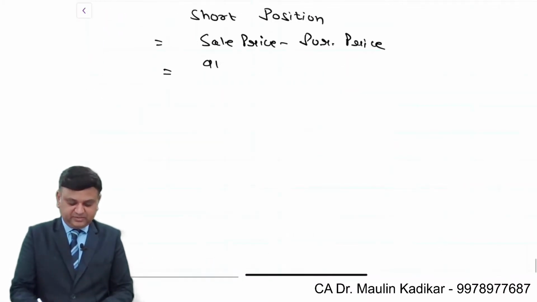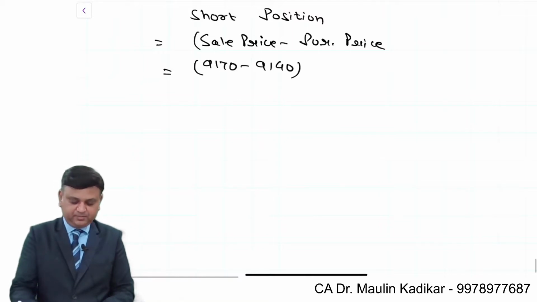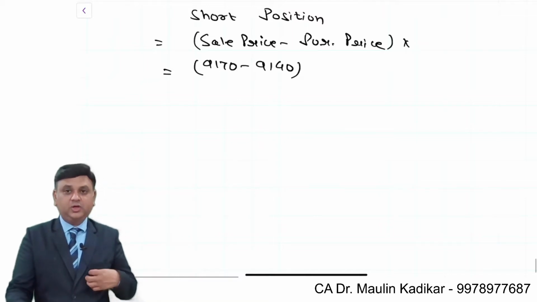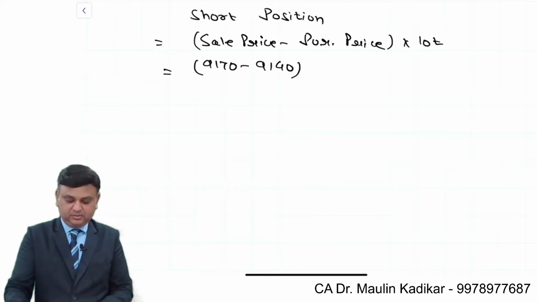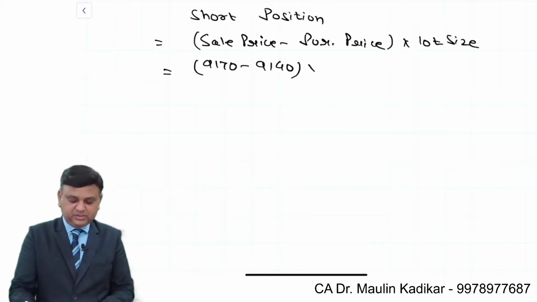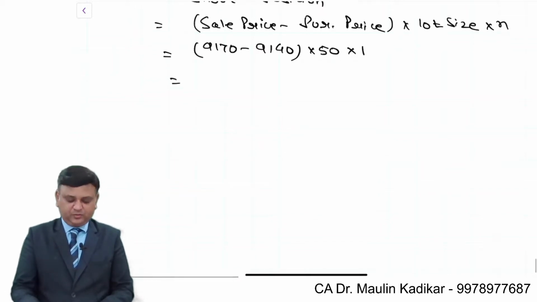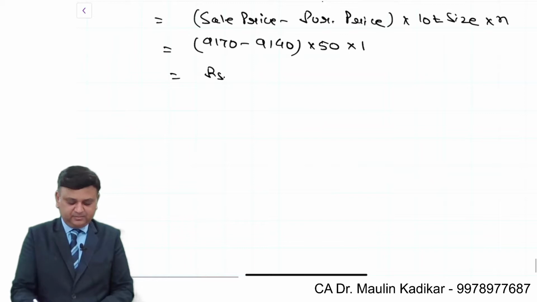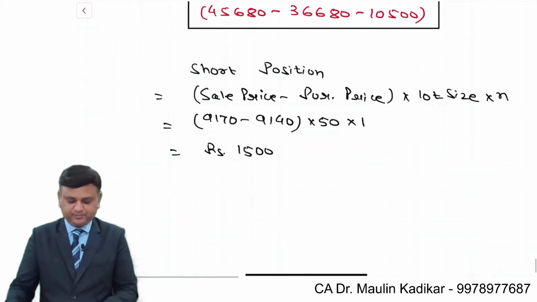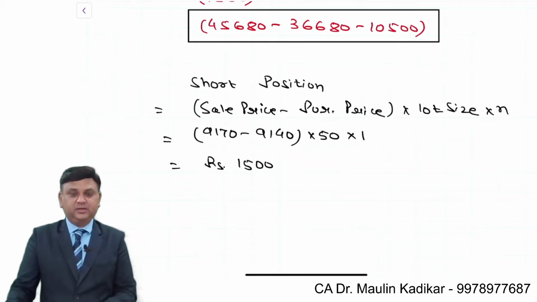So 9170 minus 9140 into lot size, that is 50, into number of contracts, that is 1. That comes to, of course, an amount of rupees 1500. This is the way we can do it.